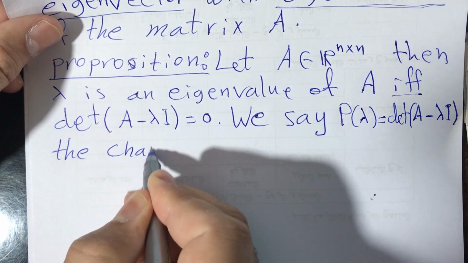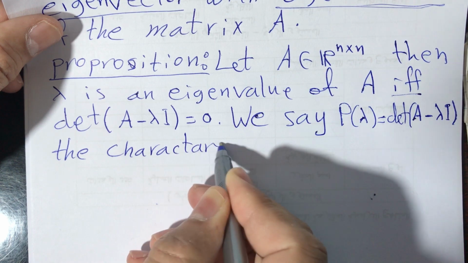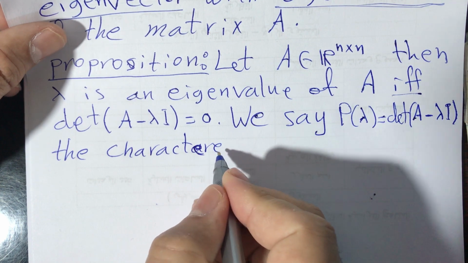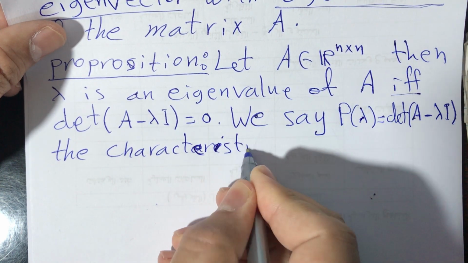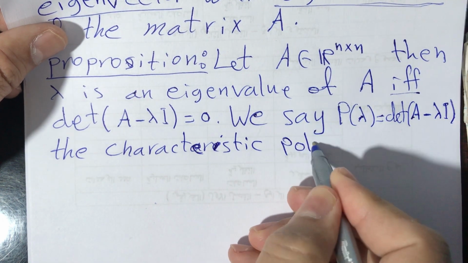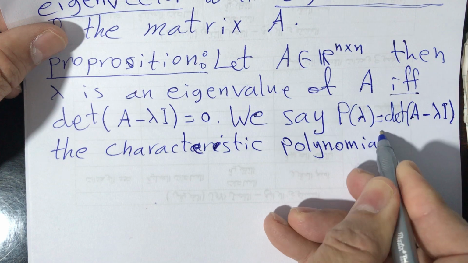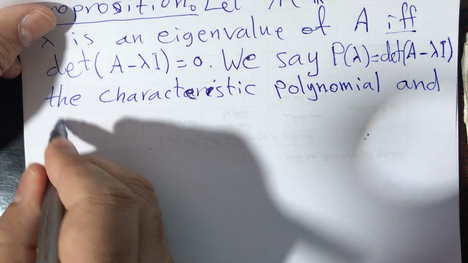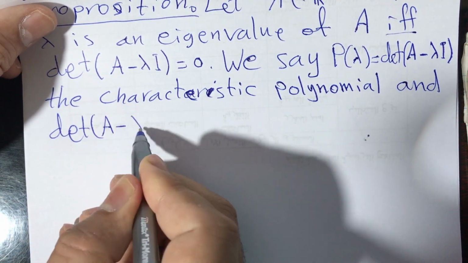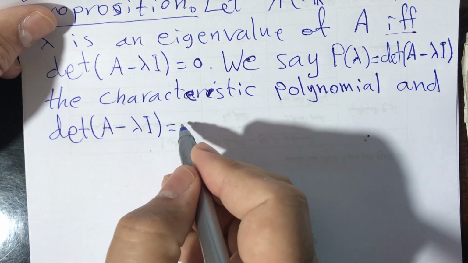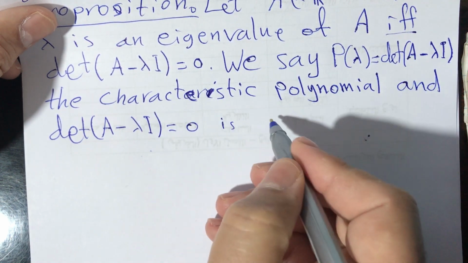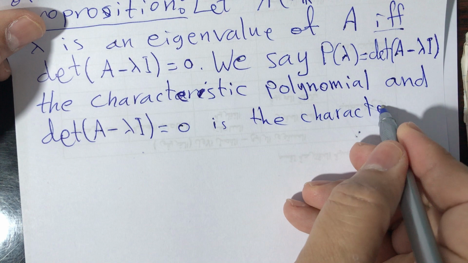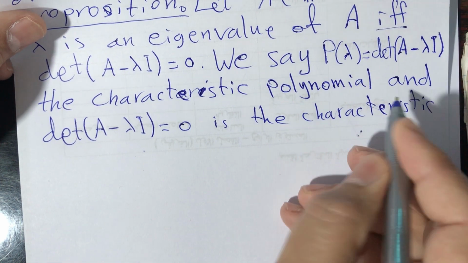And the determinant of A minus lambda I equal to 0 is the characteristic equation.